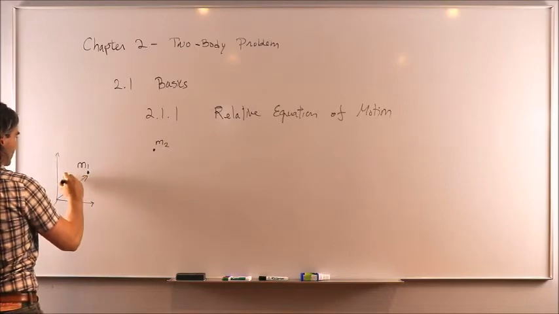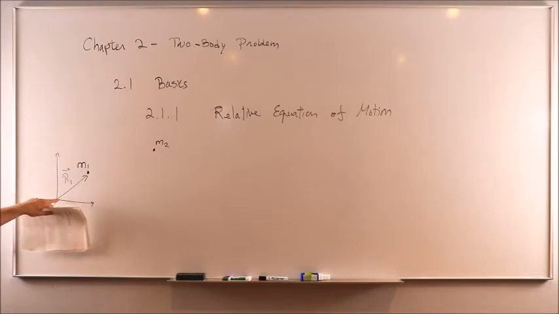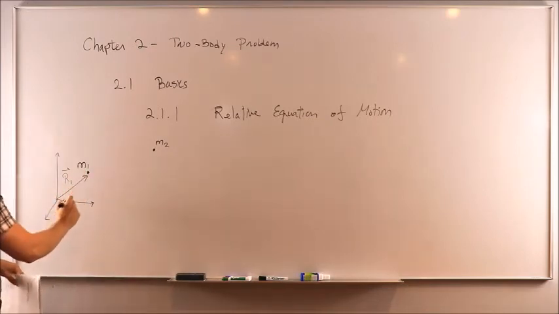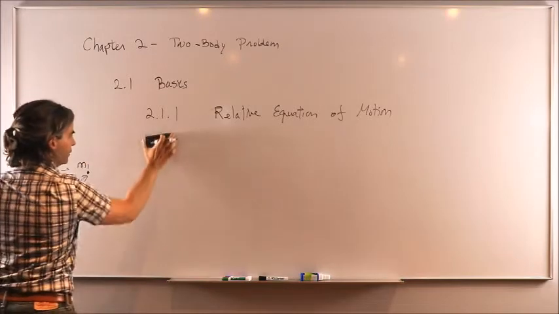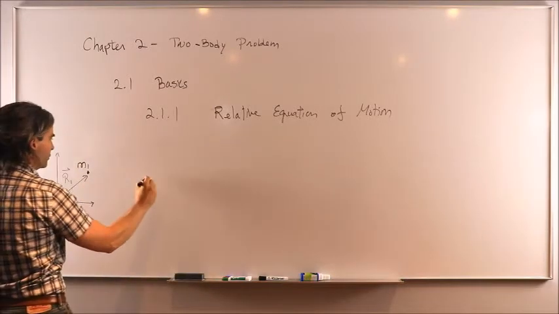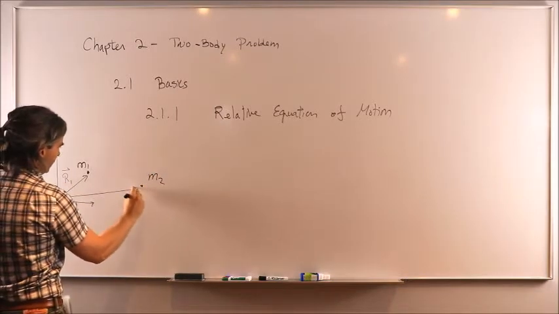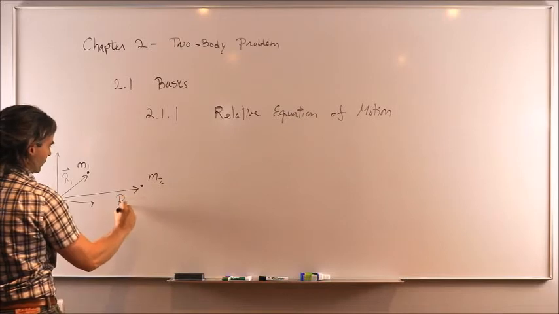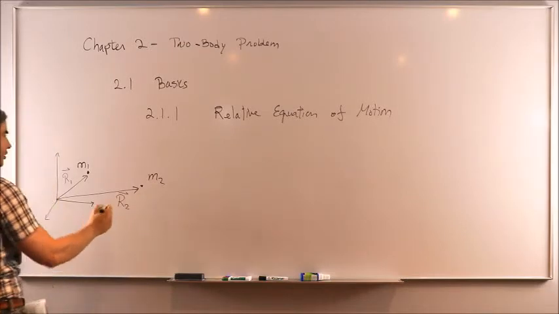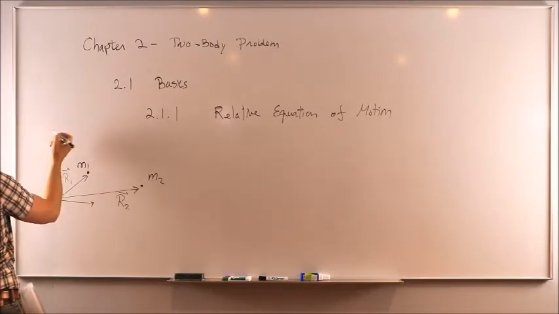So the positions are denoted capital R1 for the position vector from the origin of that reference frame all the way to M1. And let's move M2 over here so that we can better see those two position vectors. And R2 vector denoting the position of M2 with respect to the origin of a truly inertial reference frame.